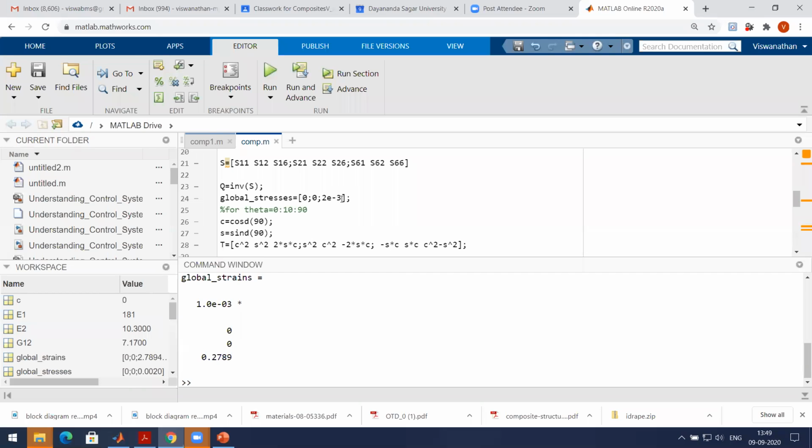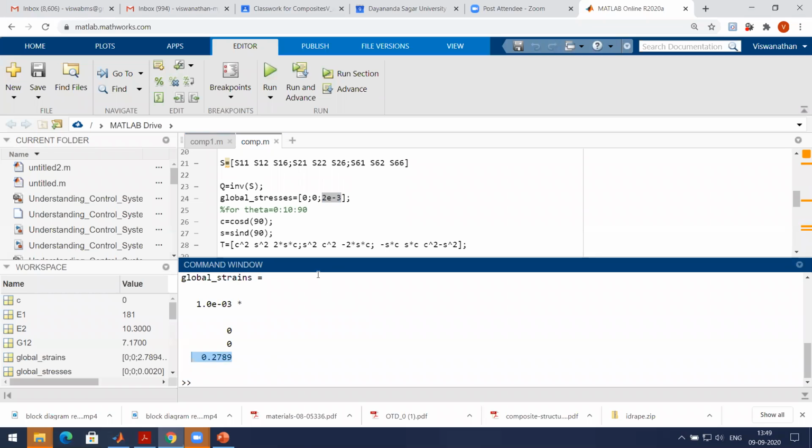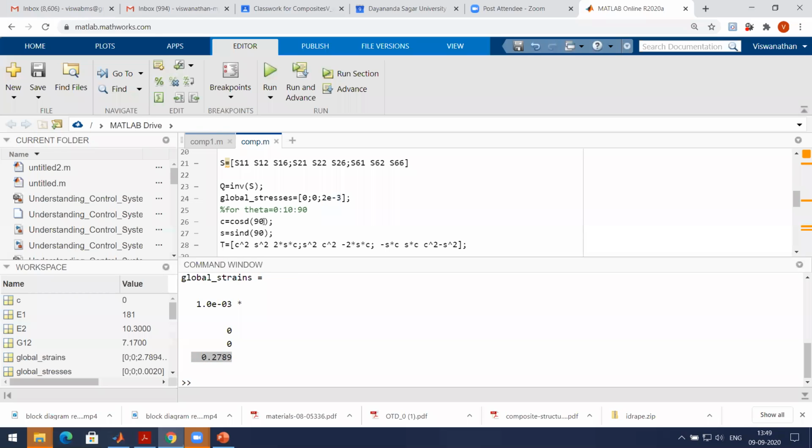So when you put 0 and 90, you don't get extensional strains.